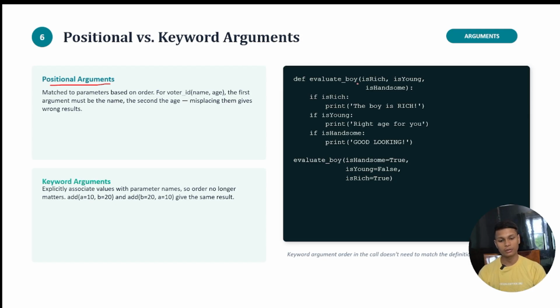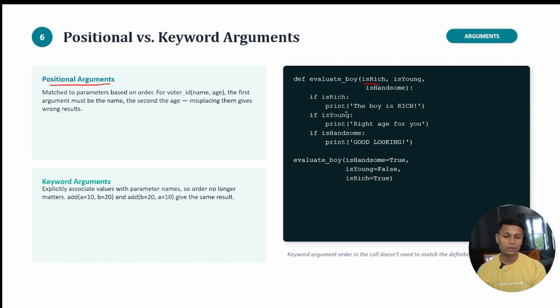Let's see how it will be written, how we are going to pass a positional argument, and how we are going to pass a keyword argument. Another argument was there, which is the default argument. The default argument is written here.